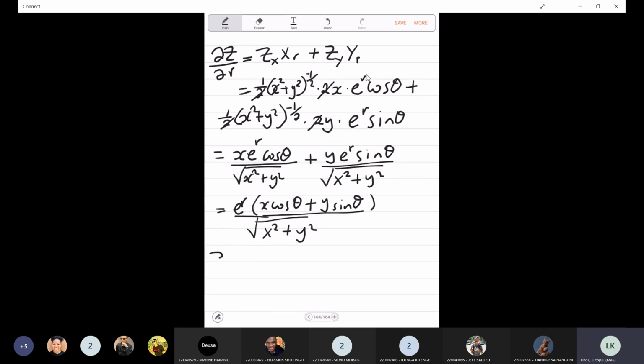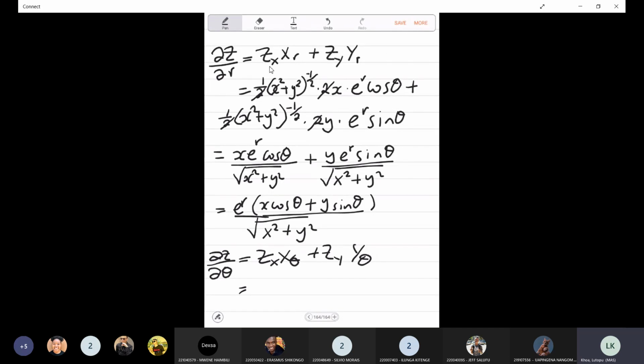Then we can also find the partial derivative of z with respect to theta. Again, this is z with respect to x times x with respect to theta, plus z with respect to y times y with respect to theta.